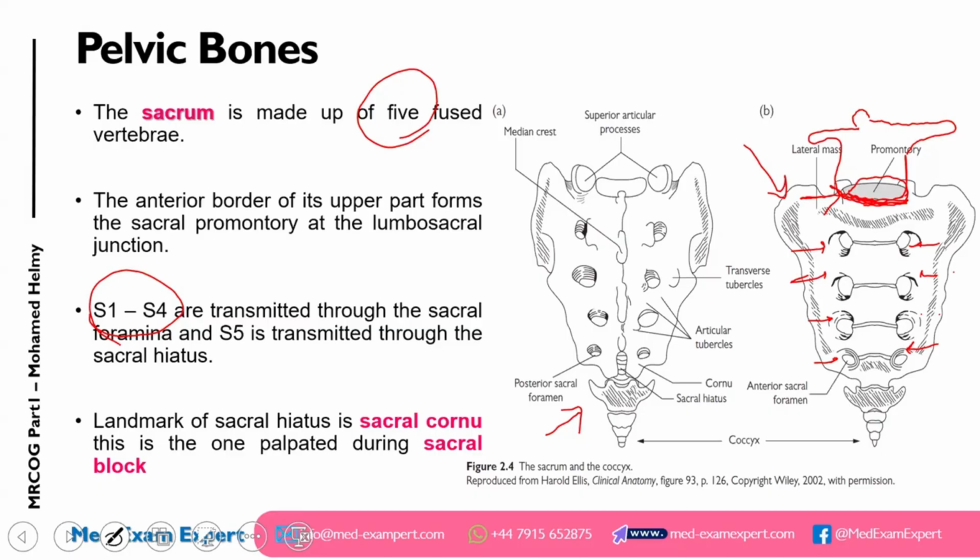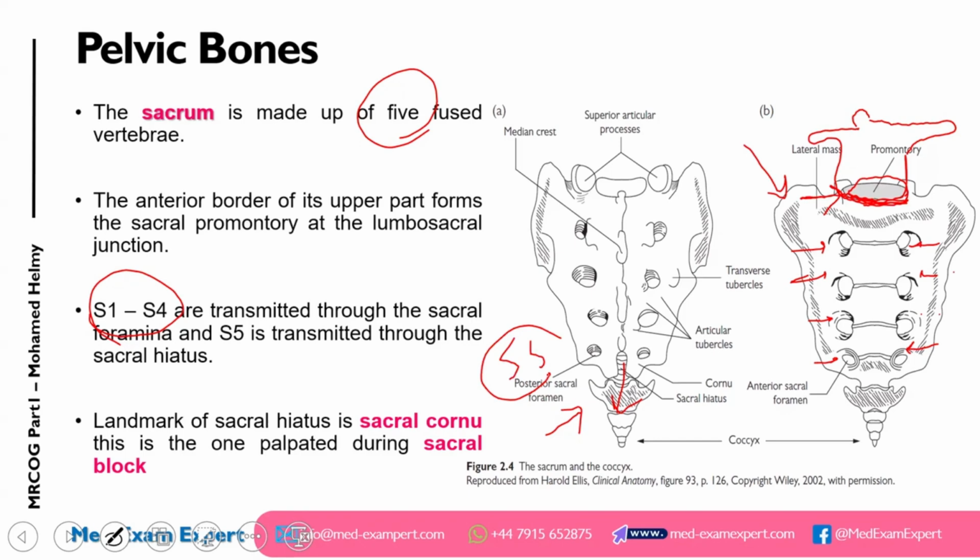While there is a canal at the lower end of the sacrum, we call it the sacral hiatus. The sacral hiatus. And this sacral hiatus transmits the S5 nerve, or the fifth sacral nerve.